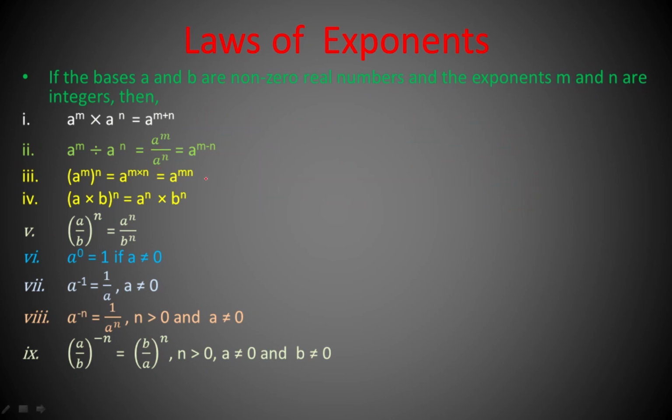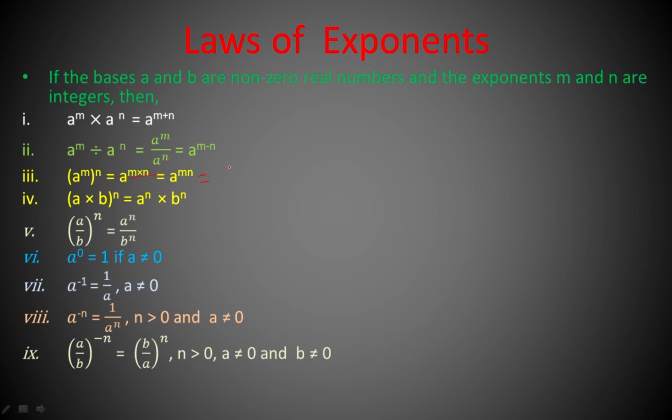These are the ways of solving with the same base but different exponents. The other one is a to the power of m, the whole to the power of n. This means we need to multiply a to the power of m, n times. This means a to the power of m times n. We multiply only the exponents.